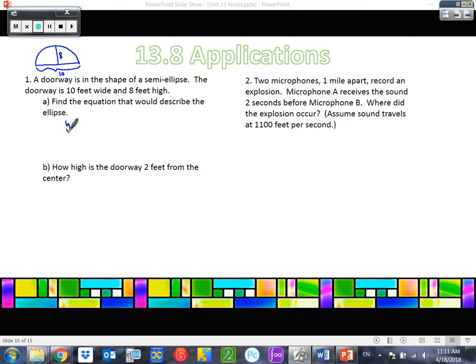So we have y squared over 64 plus x squared over 25. Now that is the equation for a full ellipse. If you think about that graphically, the full ellipse would include wherever y was positive and negative. If we needed to solve this equation for y, we could force the y's to be positive for this top half.